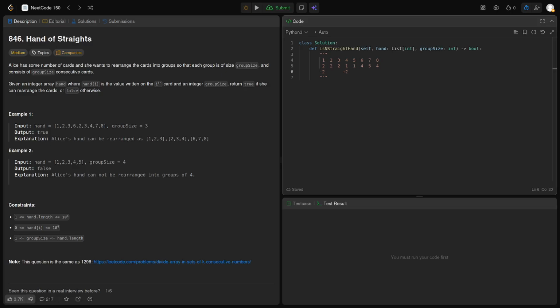Each time we have to check, because let's say group size would be 4, and then we accumulated minus 2, and this is fine, this is fine, this is fine, and now we get to a minus here, so we are cooked.